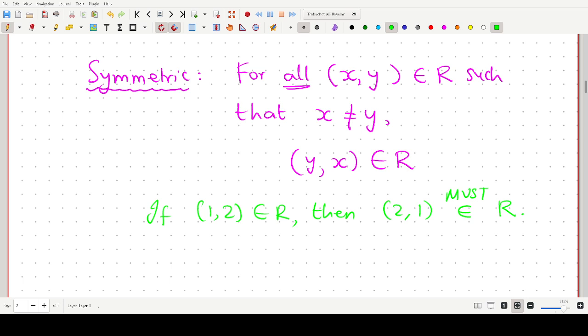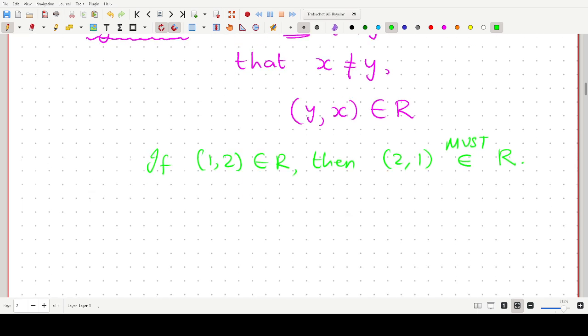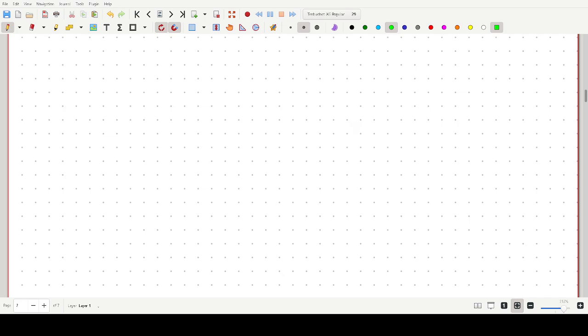Now, if a relation is not symmetric, we have tried to define, in our literature, another type of relation, which is called the anti-symmetric relation.